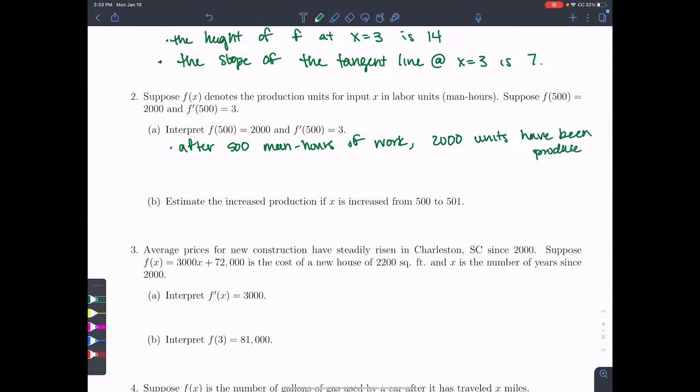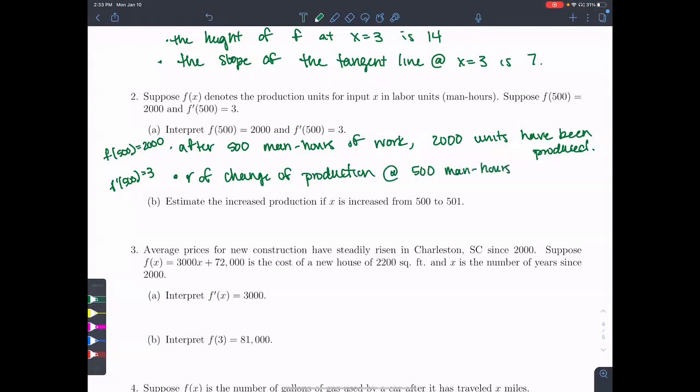And then secondly, f prime of 500 equals 3. So this means the rate of change of production at 500 hours, moving to the next hour, is 3 units per hour. So the rate of change of production at 500 man hours is 3 units per hour.